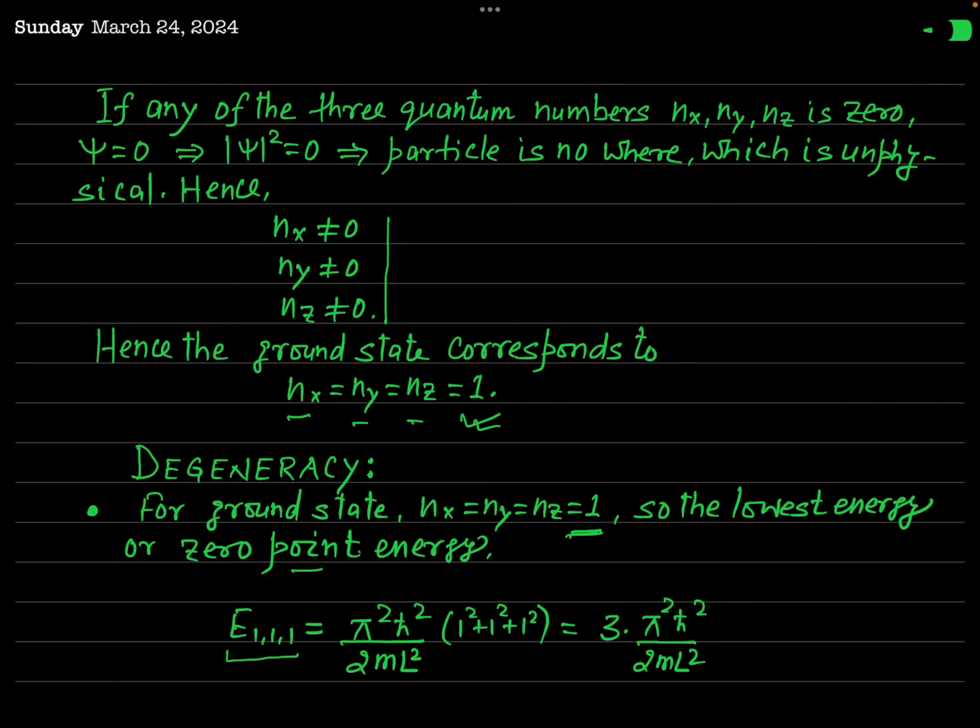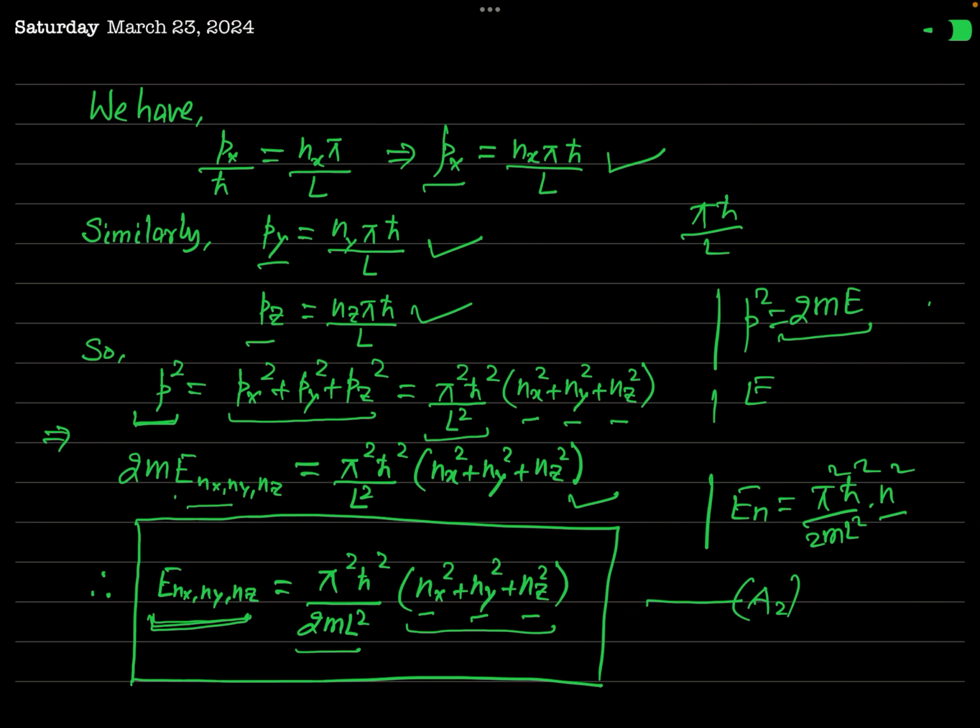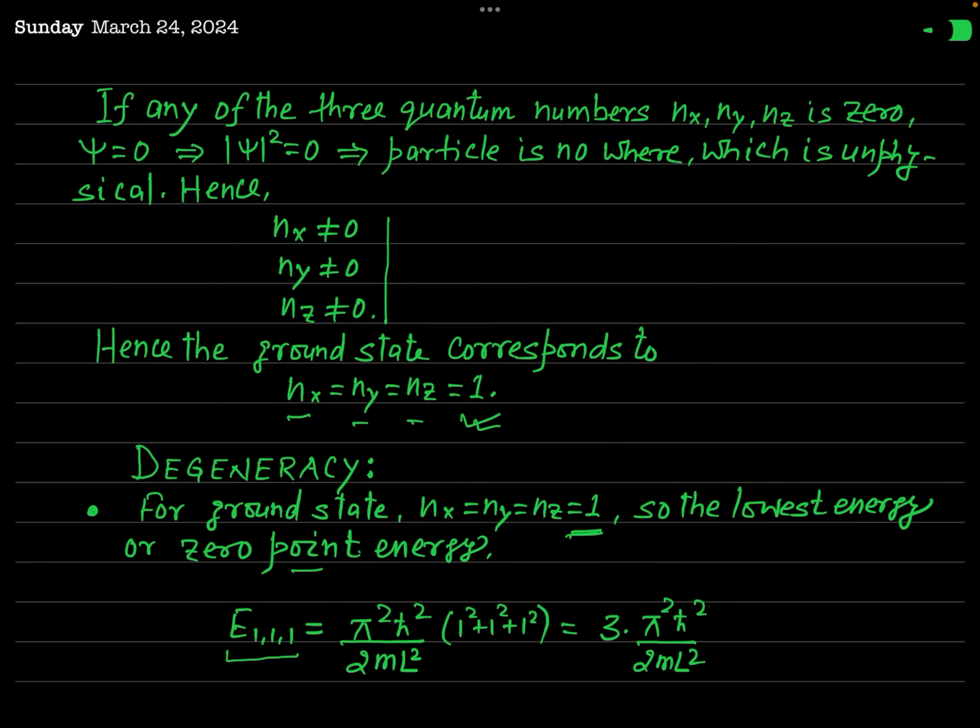Okay? And taking these three quantum numbers equal to 1, what will be the energy eigenvalue, which is called the lowest energy or ground state energy or zero point energy? Symbolically we write it E111, and that will be, you can see this result, pi square h bar square over 2mL square times 1 square plus 1 square plus 1 square. So this is simply 3 times pi square h bar square over 2mL square. This is the ground state energy of the electron, or the lowest energy, or zero point energy of the electron inside the box.